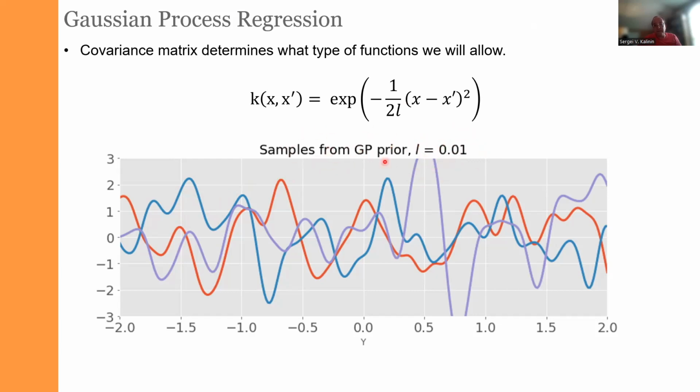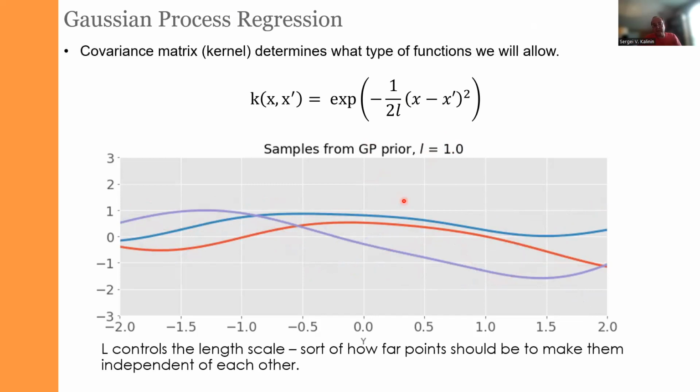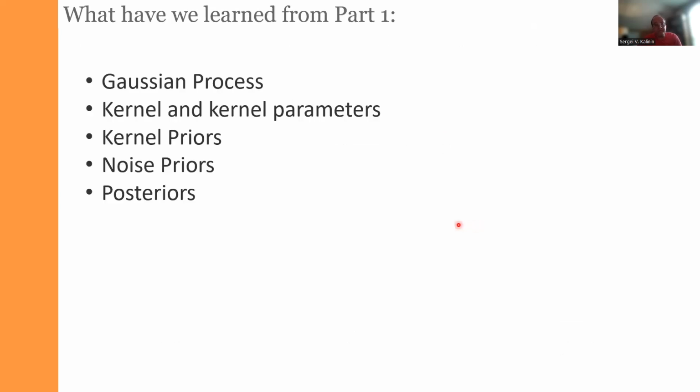These are samples from the Gaussian prior when our correlation length is 1/100th. If we say that our correlation length is 1/10, you can see that these curves become considerably smoother. And if our value is 1, they become even smoother. So basically, this is a collection of curves that are somehow correlated to each other.